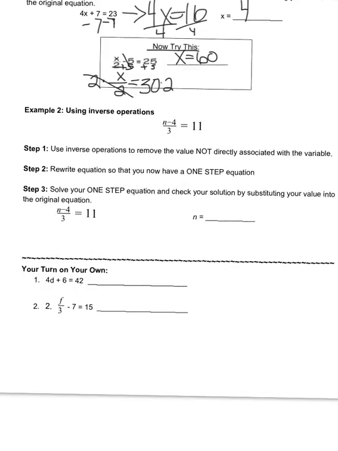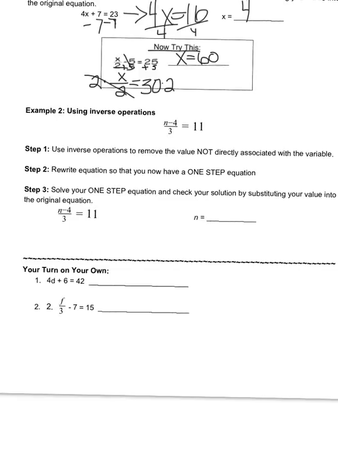And in this case, the 3 is what is not directly associated with the variable, because I'm taking everything on the top divided by 3, not just the variable. So I'm going to use the inverse of dividing by 3, which would be to multiply by 3. So I'm going to multiply by 3 on both sides.